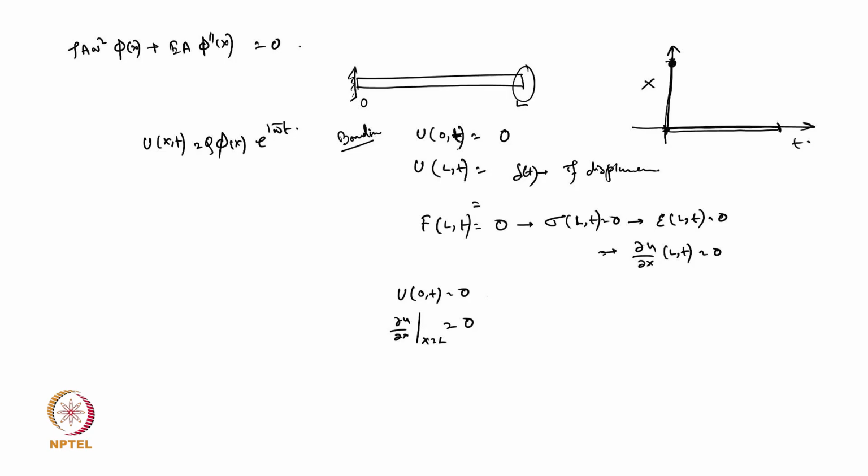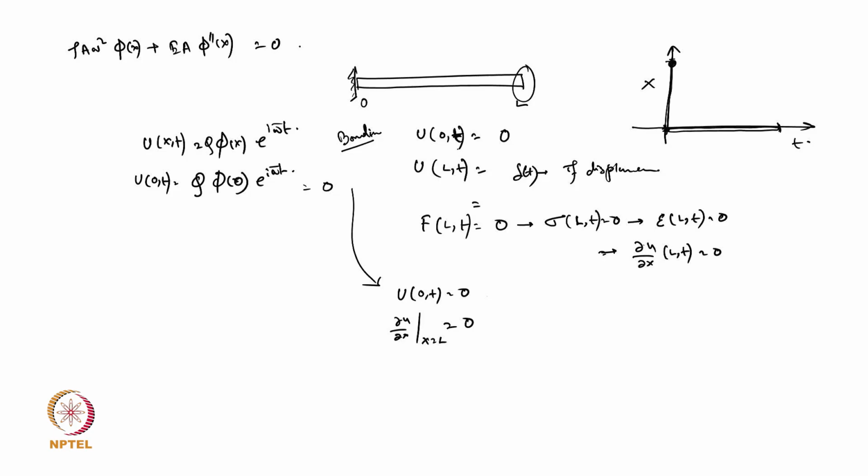So now u of 0 comma t will be equal to Q into phi of 0 into e to the power of i omega bar t, and that is equal to 0. That's my first equation.